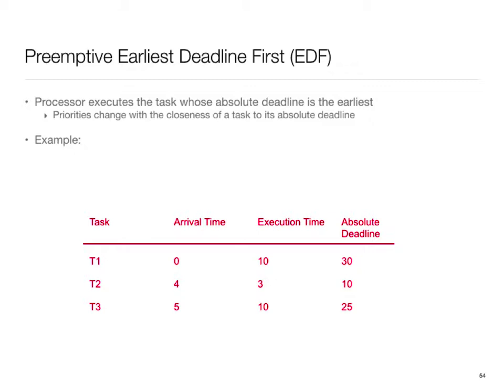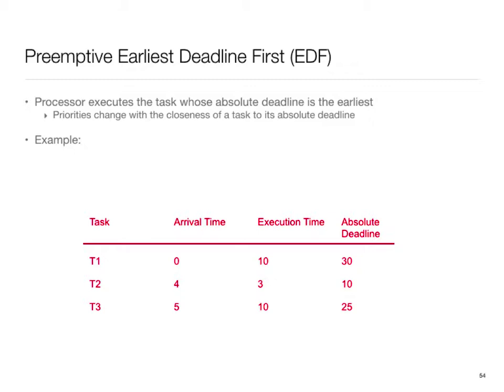So in this example, depending upon the arrival time, I may have different deadlines. For example, arrival times 0, 4 and 5, some execution time, and the absolute deadline. So not relative anymore.